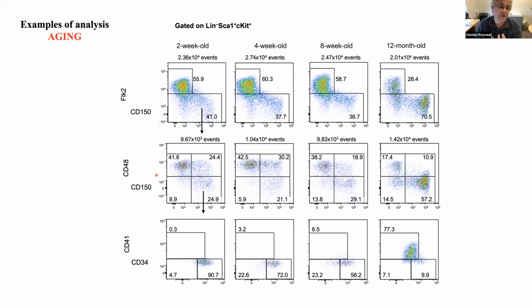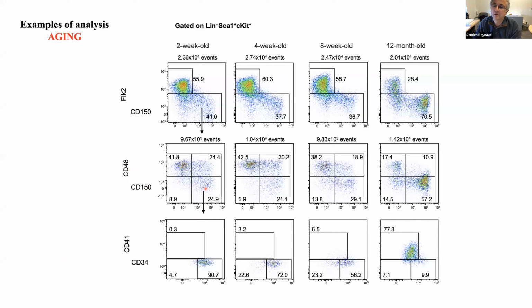To give you a couple of examples of how we can use this staining, we have done analysis in aging. We analyzed 2, 4 and 8 week old mice, so juvenile and adult mice, and middle-aged mice, which are 12 months old. Again, we gate on the LSK and we define the stem cells based on CD48 and CD150.